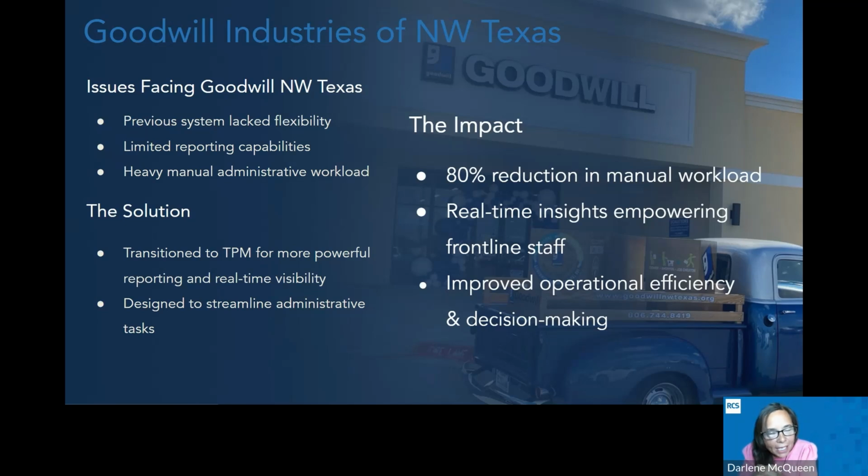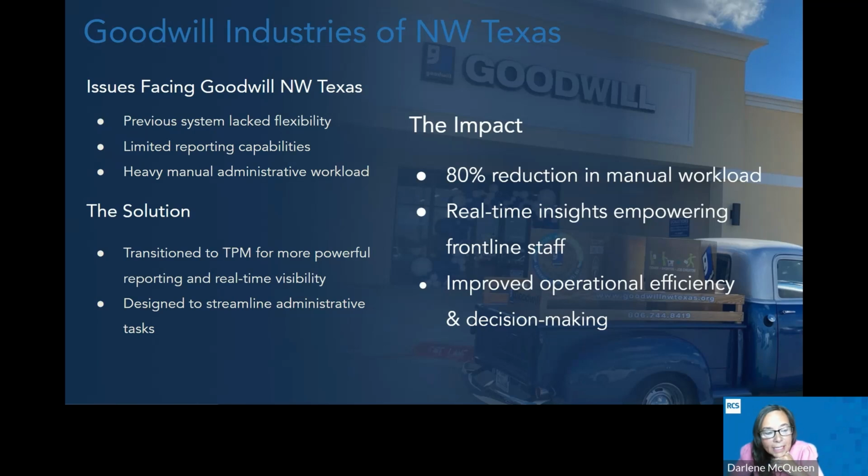But what they were lacking was the flexibility, as Nick had indicated, to make changes, limited reporting, and it really caused a heavy workload on his administration staff. So they transitioned to TPM. It has been a great solution for their team.